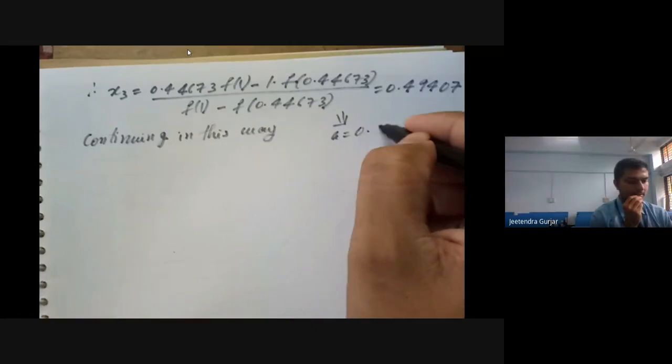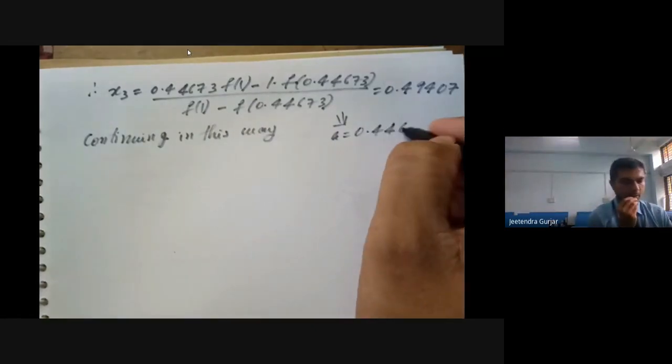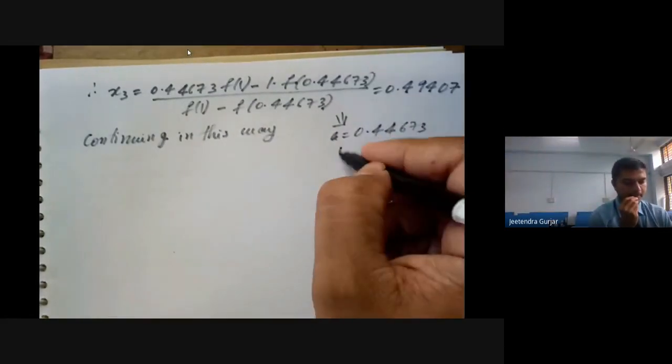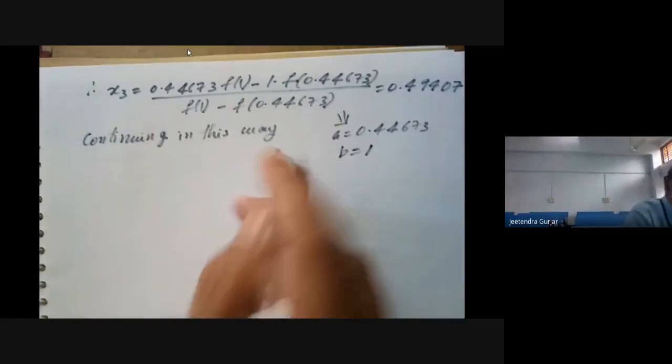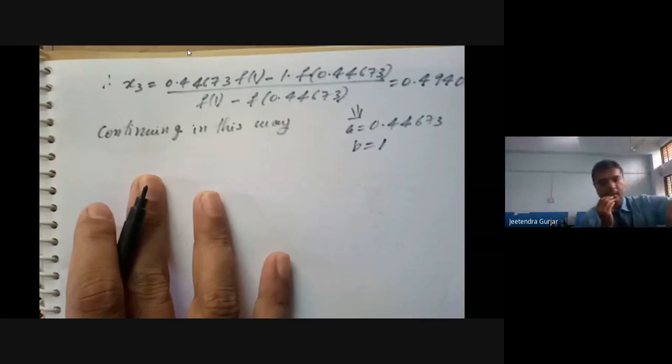A is nothing but, if you're getting confused, it's 0.44673 and B is equal to 1. Now I'll just repeat this once again. Why are they A and B? A is positive, B is negative when we substitute in the function. So A value will be greater than 0, B value will be less than 0.